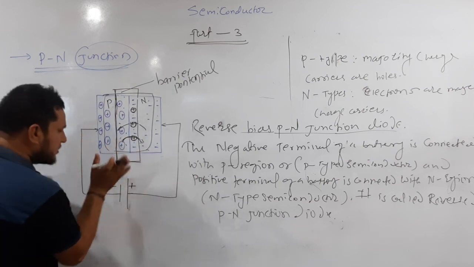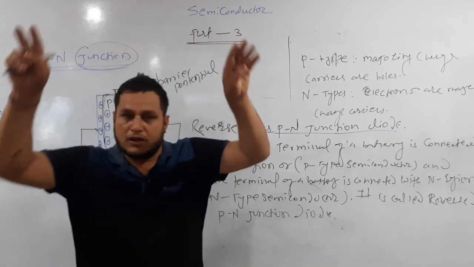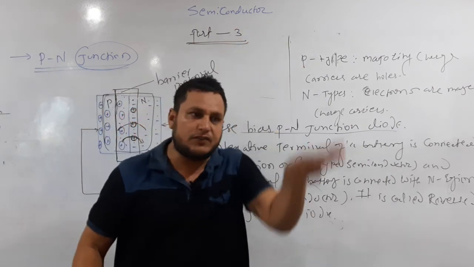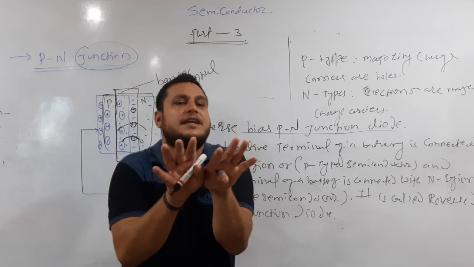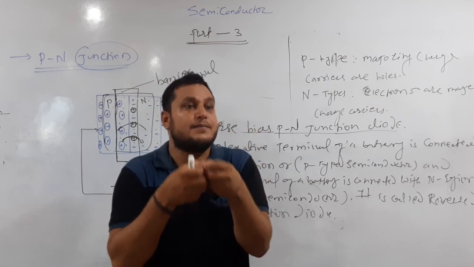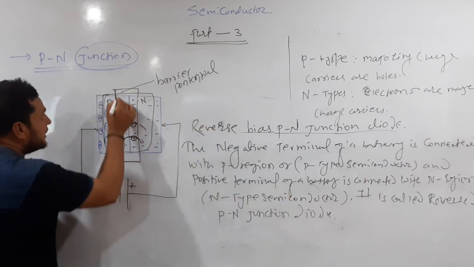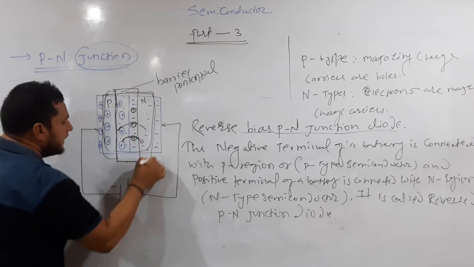After applying such a connection, the number of lines of electrons and the number of lines of holes come in, not like a physical contact, but the force of attraction between them will be increased. That's why the width of the depletion layer will be increased.